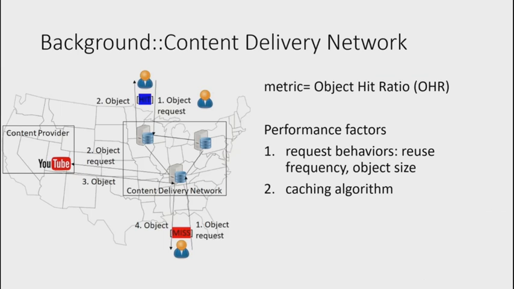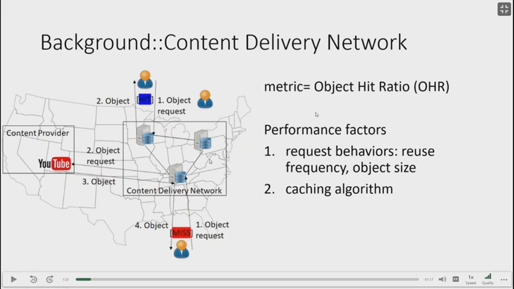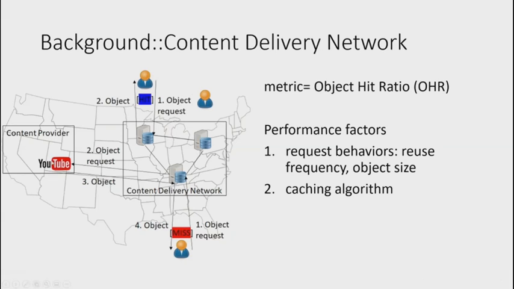Without the deployment of a content delivery network, when a distant user wants to access content from a content provider, YouTube for example, the user will first have to send their request to the content provider, and then the content provider returns the requested object.